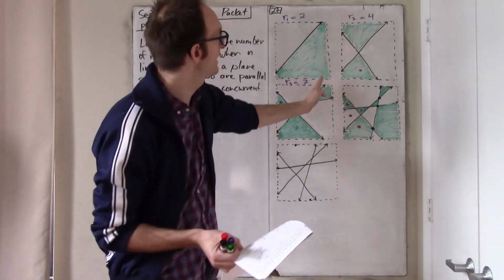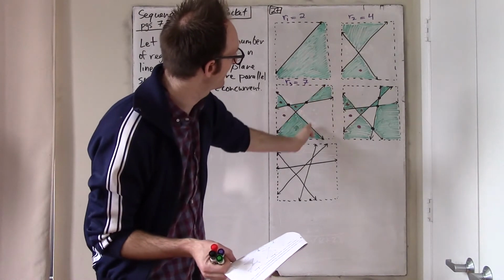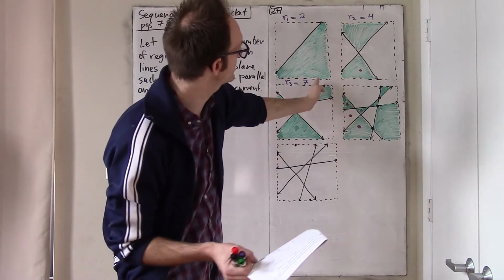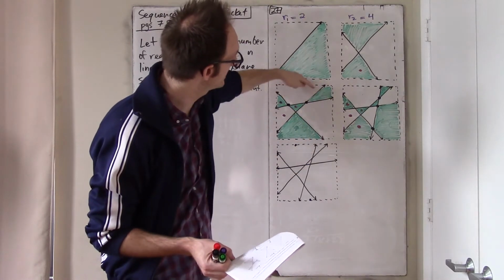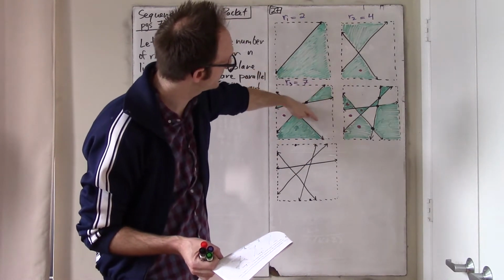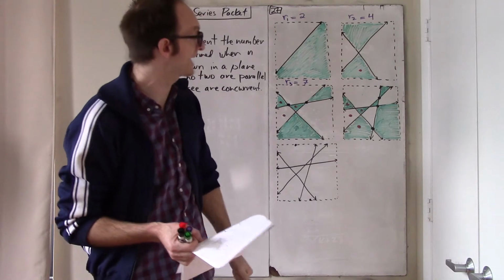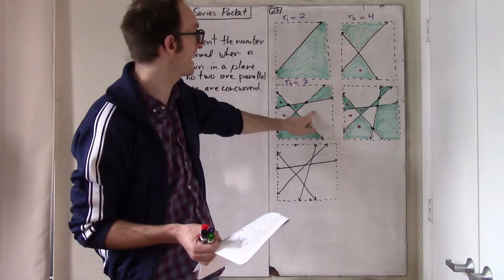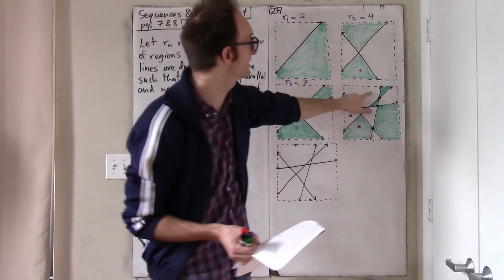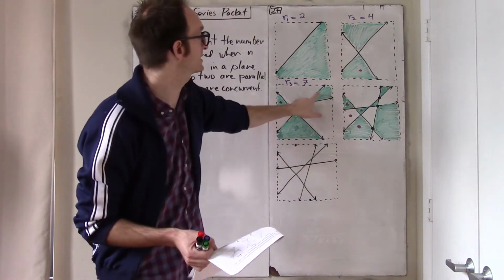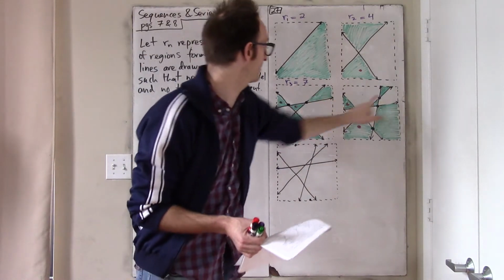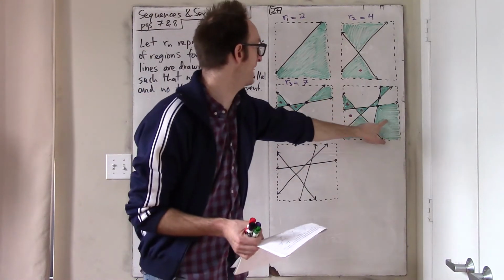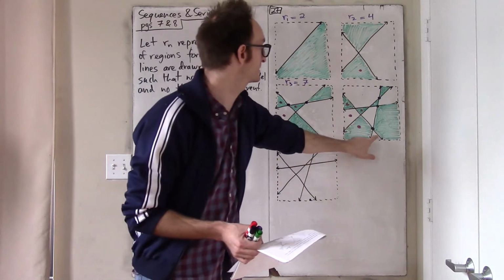And I'm searching for a very convincing proof of this fact, but of course you can just see it, right? That this region, this region, this region, and this region are going to get cut in half. That's in fact exactly what happens. This big region becomes this one and that little one. This little region becomes this little one and that one. This big region becomes this one and that one. And this region becomes this one and that one.